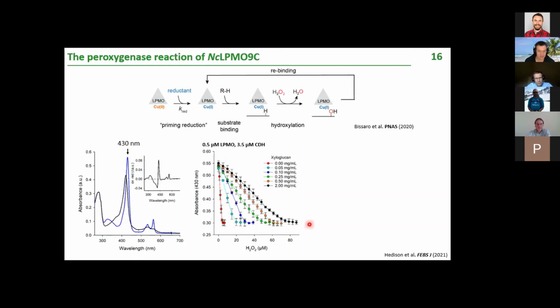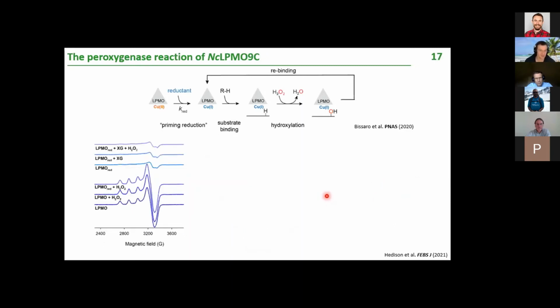But if you initiate catalysis, then you need a lot more hydrogen peroxide. And this translates into this graph. It actually shows that with a single electron, our enzyme can turn over about 20 times.